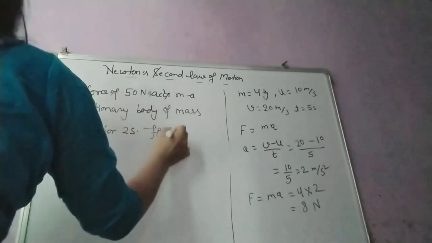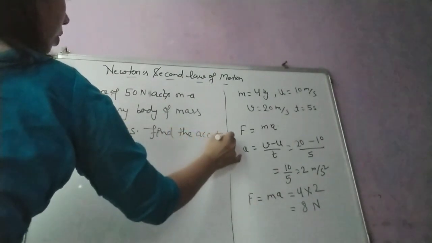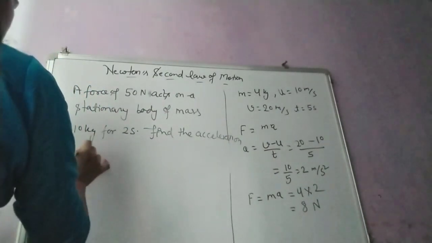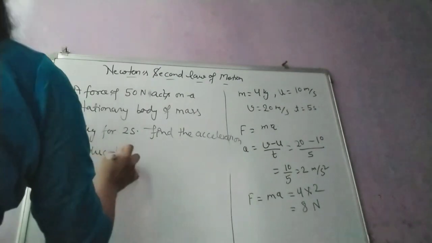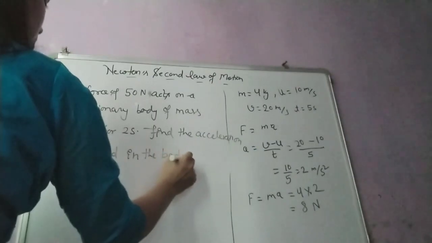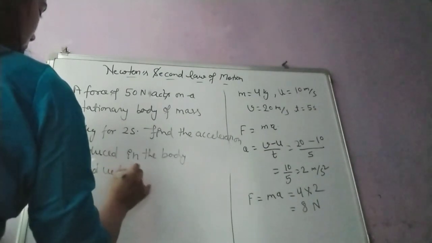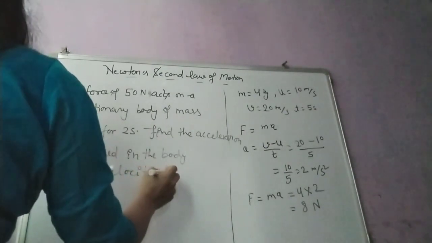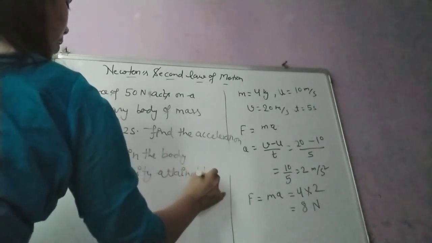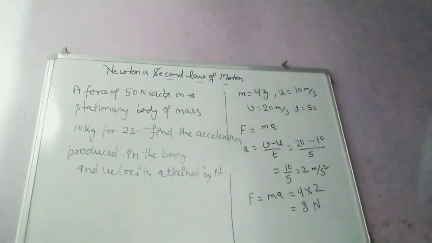Find the acceleration produced in the body and the velocity attained by it.